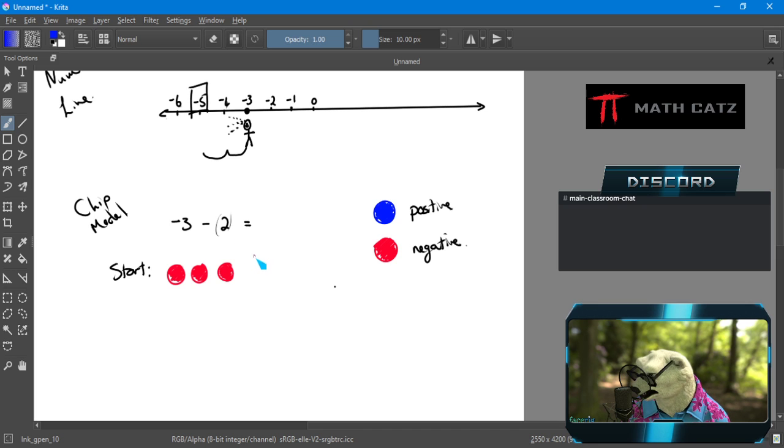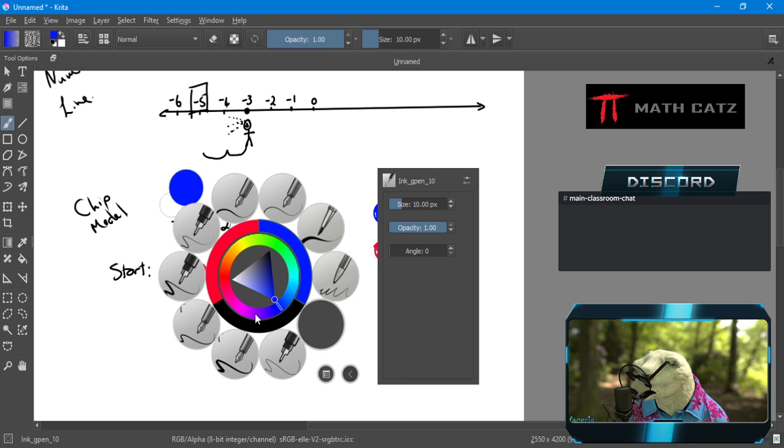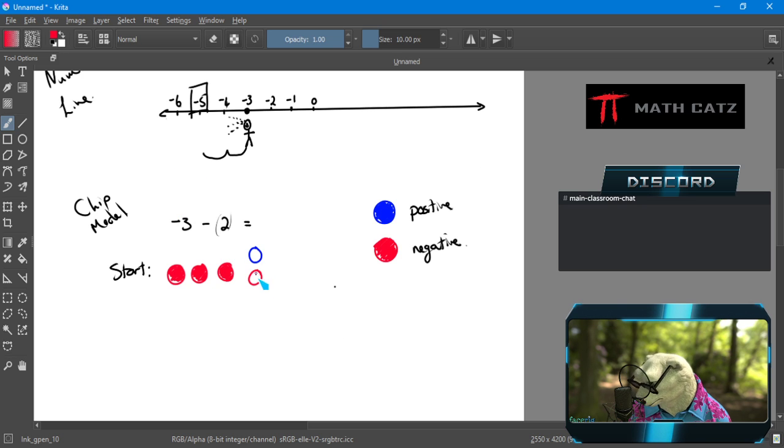So we could say here I have a positive chip and I have to include with it a negative chip. I should have colored it in. And by doing that, I'm not changing my net value of chips. It's still 3 because the blue and the red cancel each other.